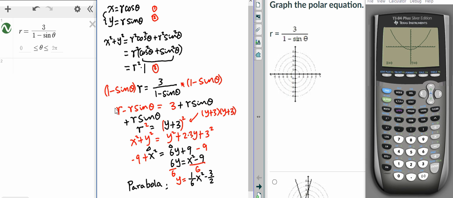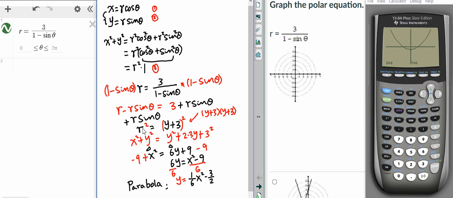The left-hand side will have r standing alone. The right-hand side is 3 plus r sine theta, and r sine theta is y. So that's why you have y plus 3 from here. On the left-hand side, you then have r standing alone because those two cancel.